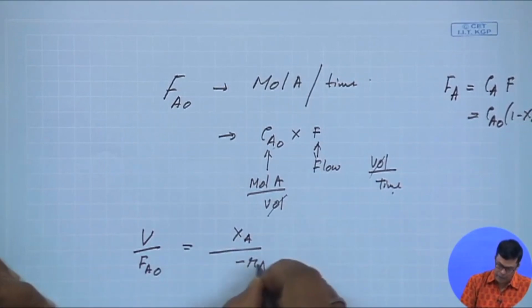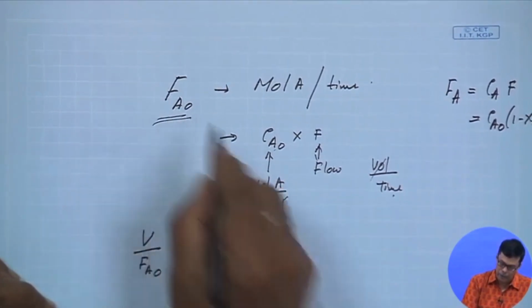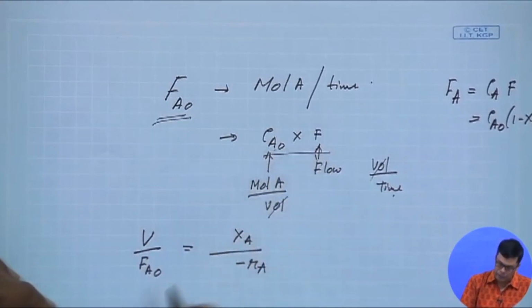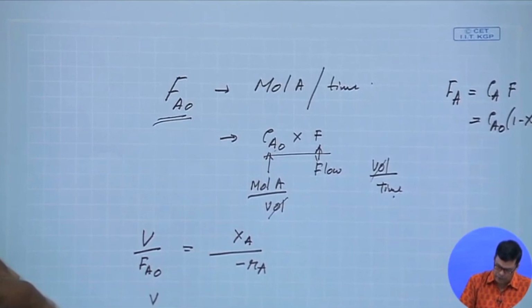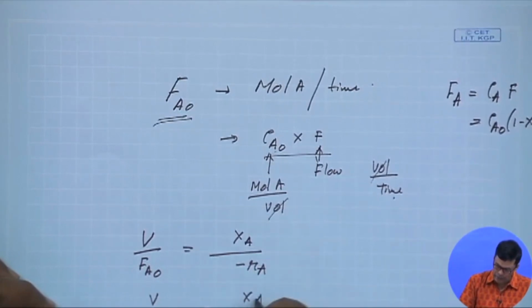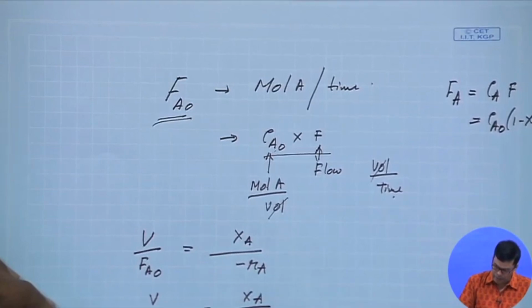Am I right? Now I have already shown here Fa0 equal to Ca0 into F. So I can write V equal to Ca0 into F equal to Xa by Ra. Am I right?